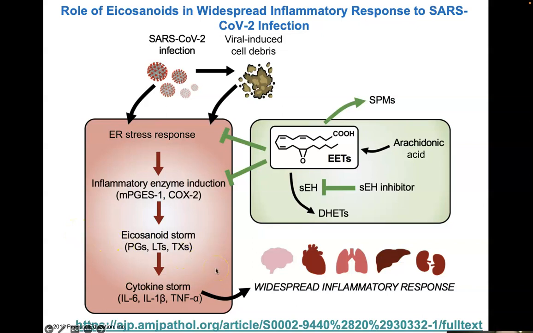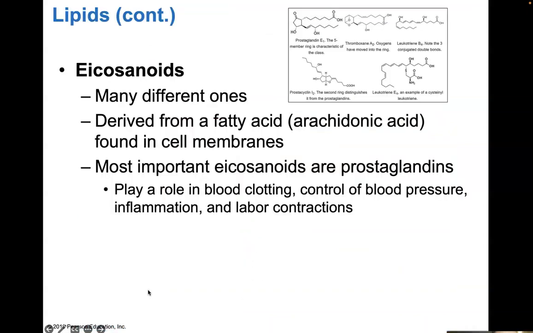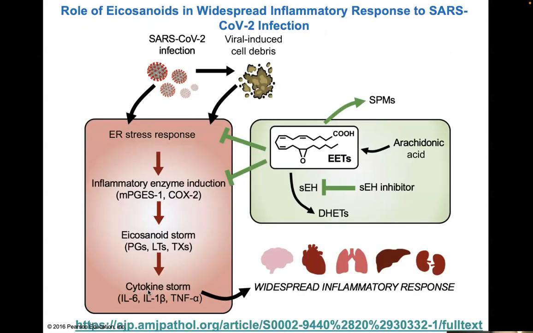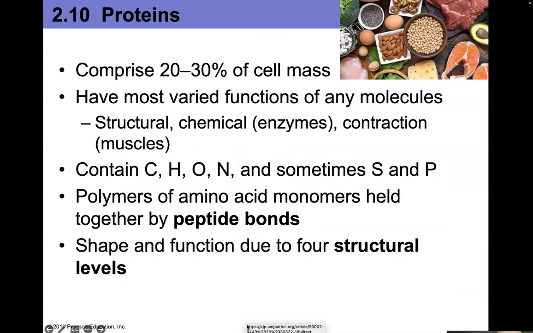I'm not going to get into that because obviously that's way more than what I have time to get into, but I just like to bring it up in terms of the actual real life application for eicosanoids. So you're welcome to read more on this if you're interested. You don't have to. It's just way more advanced than what you need to know, but I just thought I would bring it up there.